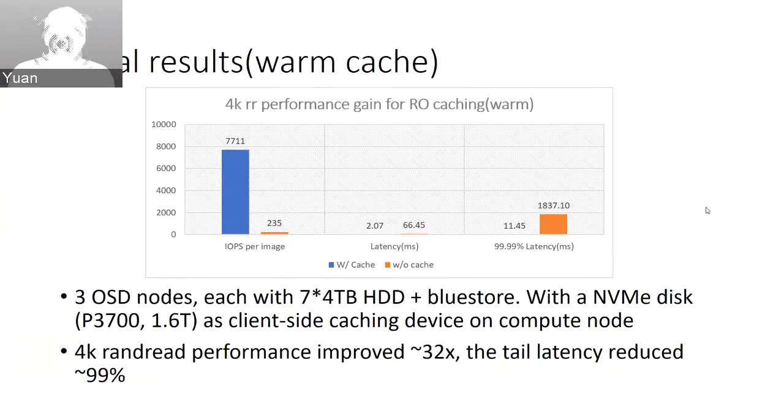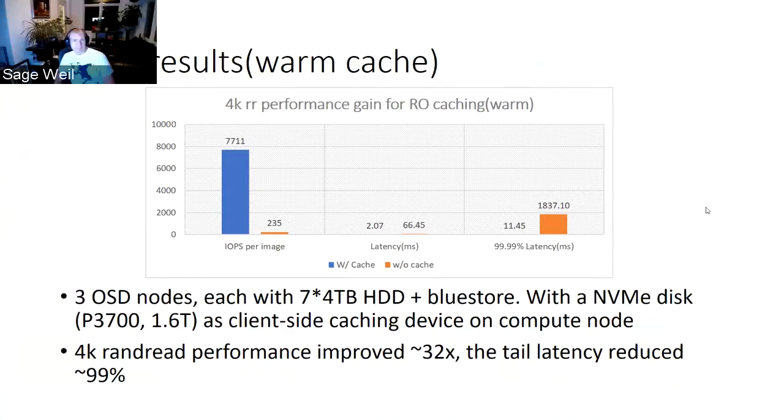The performance improvement is quite huge, just because it's reading from the local NVMe device. And also the tail latency has been improved a lot, because we are on an HDD device. Tail latency is always a big problem for HDD. But if we have client-side caching, the latency can be improved a lot.